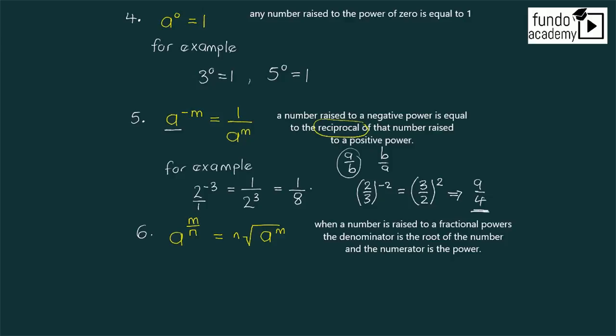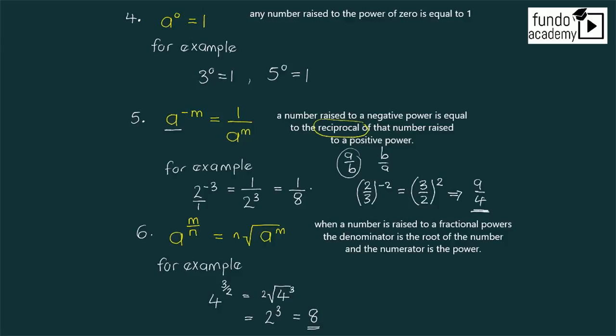So we can look at an example that uses this law: 4 to the power of 3 over 2. So this will be equal to the square root of 4 raised to the power of 3. Now the square root of 4 is 2, so that will give us 2 to the power of 3, and 2 to the power of 3 will eventually give us 8.